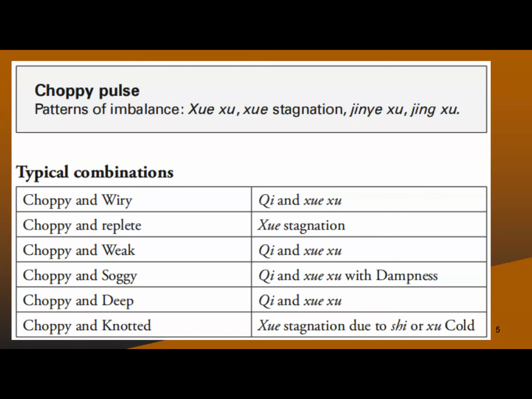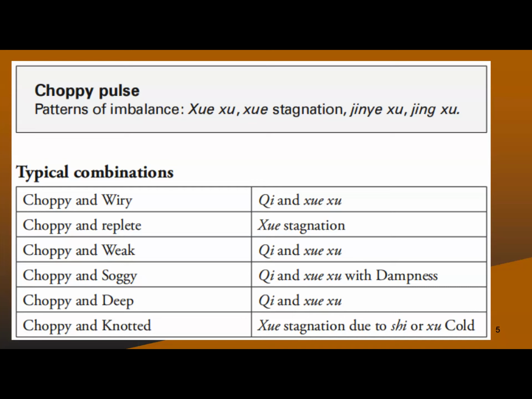So, choppy pulse, pattern of imbalances. We will feel a choppy pulse if there is blood deficiency, chi stagnation or blood stagnation, jinye deficiency and jing deficiency. The typical combinations: choppy and wiry is chi and blood deficiency.